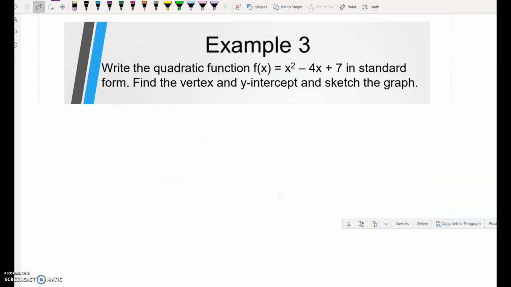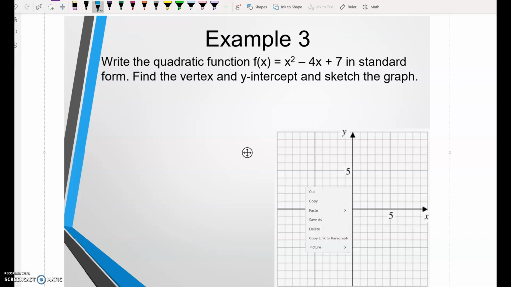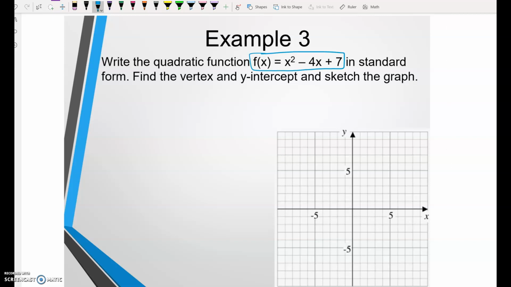Okay, example 3, this is what I would consider to be standard form, but the book wants us to write this in the other form so that we can find the vertex and the y-intercept. So right now we have y equals x squared minus 4x plus 7. We can rewrite it in the other form by completing the square. So remember from a few days ago we completed the square.